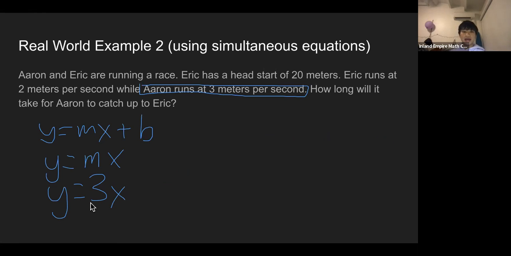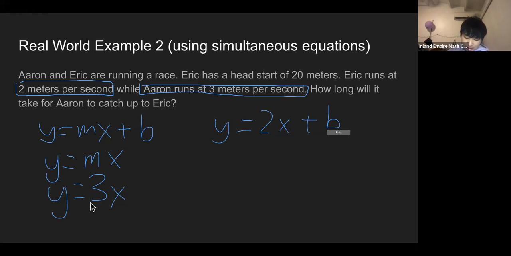Similar to what we did before, m is based on the number of meters he runs per second. Remember that m is the increase in y for every 1 increase in x. For every second that passes, he will have run 2 meters. That means we have m equals 2, which means we have 2x plus b.